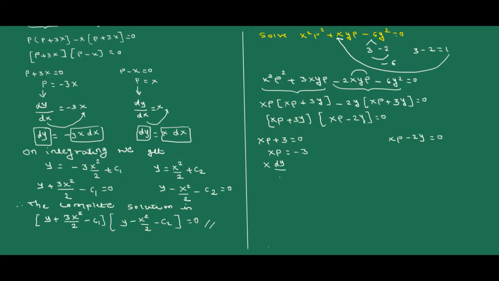Transposing x to the right hand side, p is equal to minus 3 divided by x. Now p value is equal to dy divided by dx, and this is equal to minus 3 by x. Separating the variables means transpose dx to the right hand side: dy is equal to minus 3 divided by x into dx.